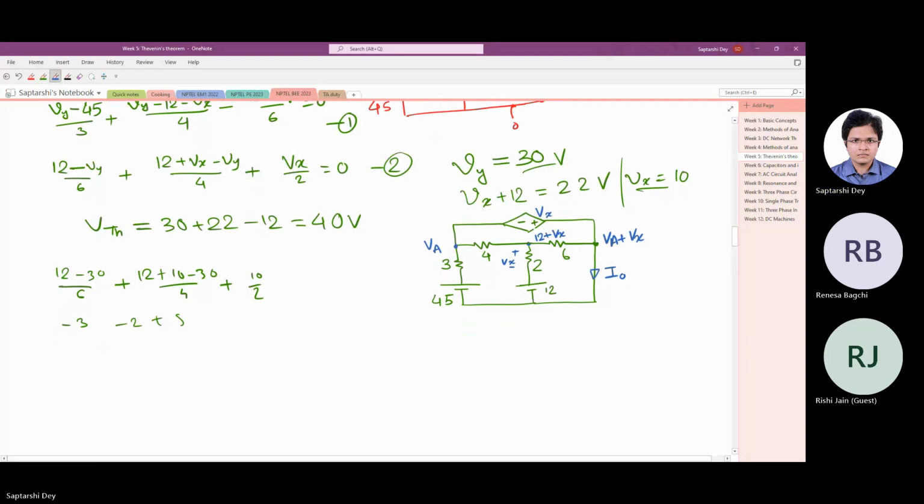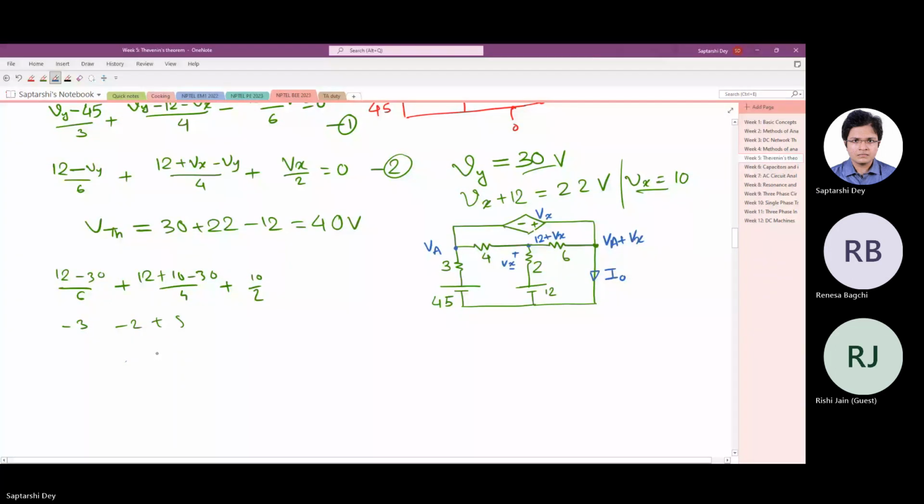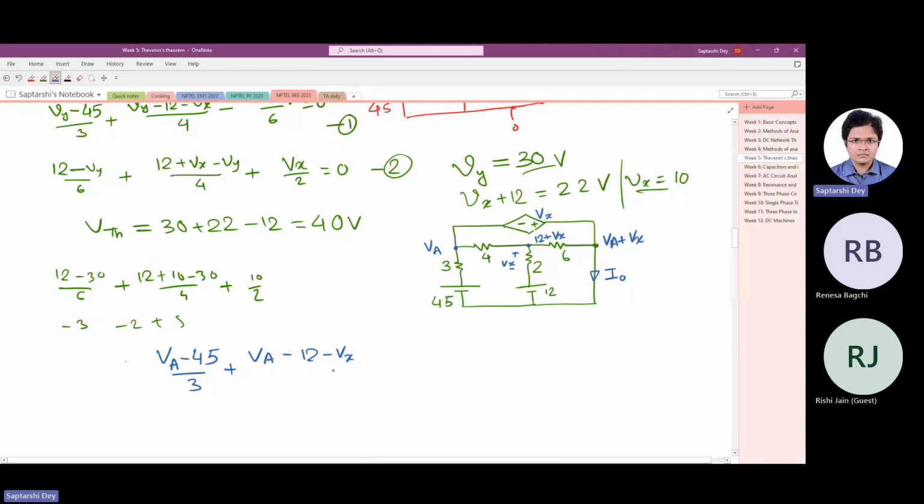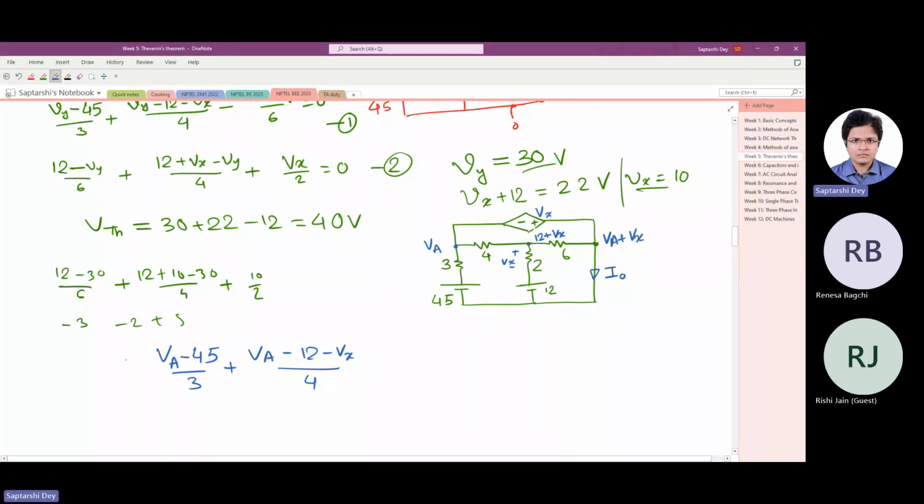So let's start from node A. From node A, we are trying to write the current going out. So VA minus 45 by 3, current going out, plus VA minus 12 minus Vx by 4, again current going out. Now these two we have found out.